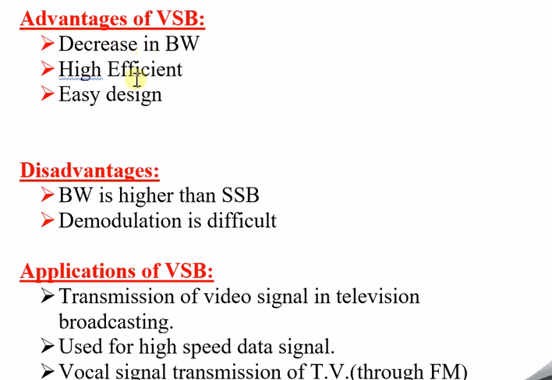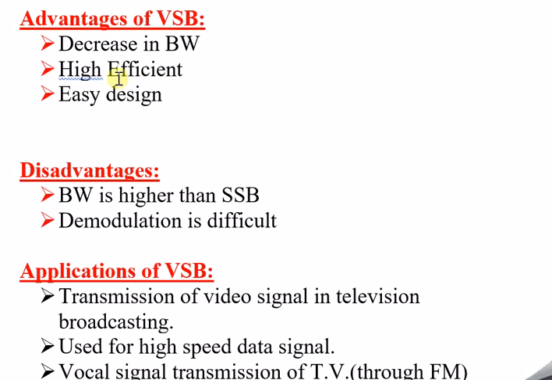High efficiency. Why is it highly efficient? Because VSB modulation, as I already told you, is a compromise between SSB modulation and DSBSC modulation. We are neither losing the information, and no information is getting wasted in the case of VSB modulation, or it is very little. Hence it is very efficient.